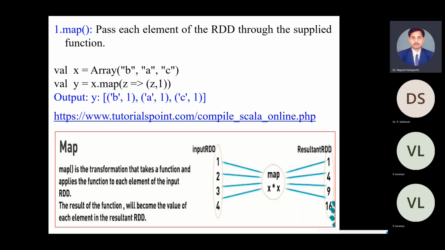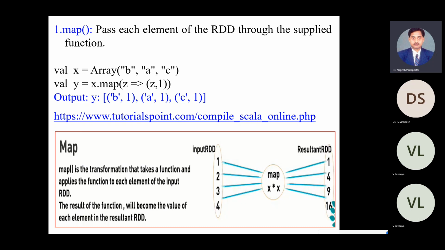Now x is the input data set, an array which consists of b, a, c as the elements. Now y is the output variable. I'm performing a Spark transformation: x.map, and I'm showing the example z is equal to (z, 1). According to this, it transforms the data set x into the required output y.